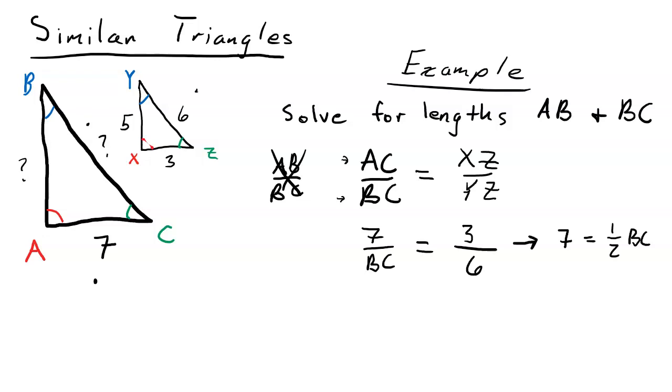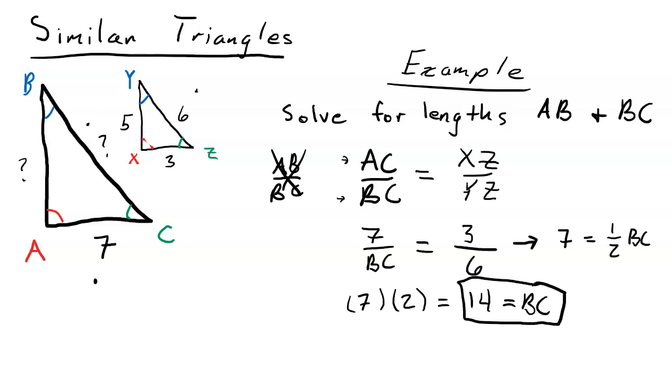Now we bring that 1/2 over by dividing it, or we can simply say we multiply both sides by 2. So we have 7 times 2, which is equal to 14, which is equal to BC. Okay, so we have one of our lengths.